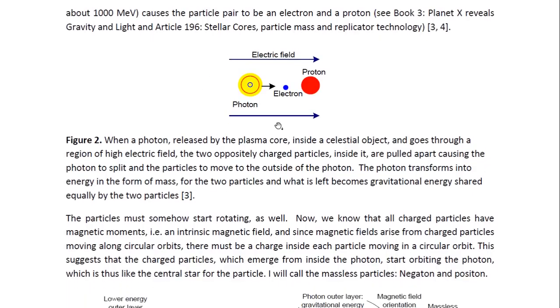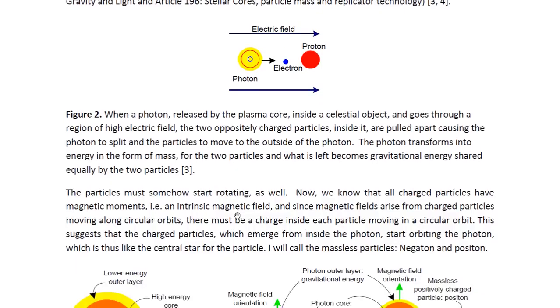And this is illustrated by this diagram, how when a photon, which is released by the plasma core inside a celestial object, goes through a region of high electric field, it causes two oppositely charged particles which were already inside it to be pulled apart, causing the photon to split and the particles to move to the outside of the photon. The photon transforms into energy in the form of mass for the two particles, and what is left becomes gravitational energy shared equally by the two particles.